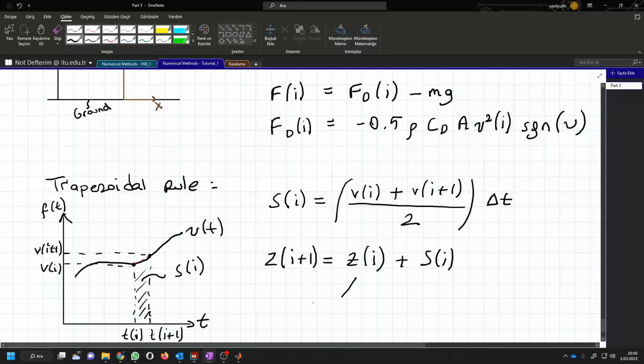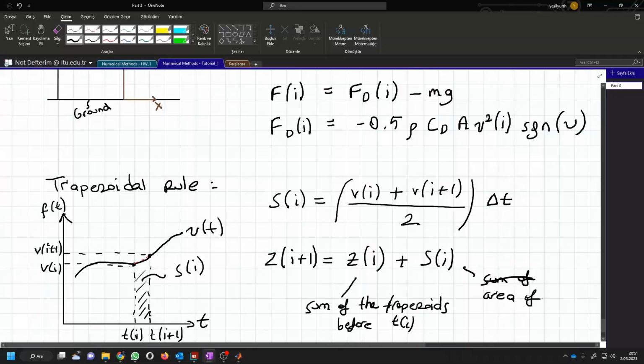So this is the sum of the trapezoids before Ti, and this is the area of the last part. This Si is this Si.